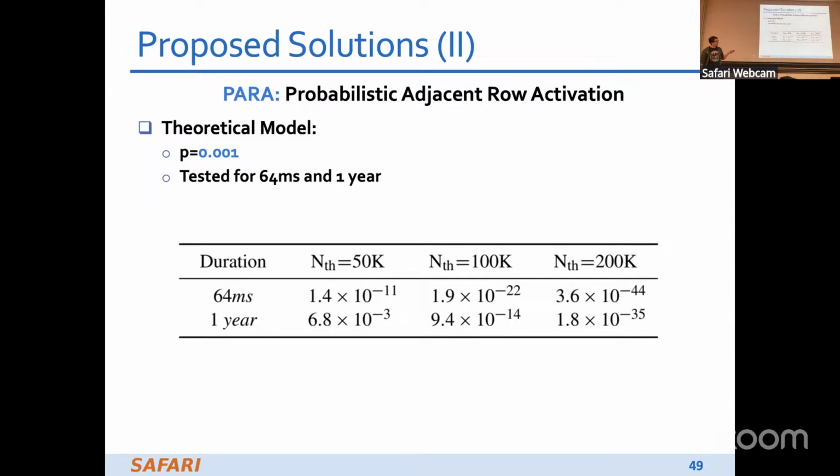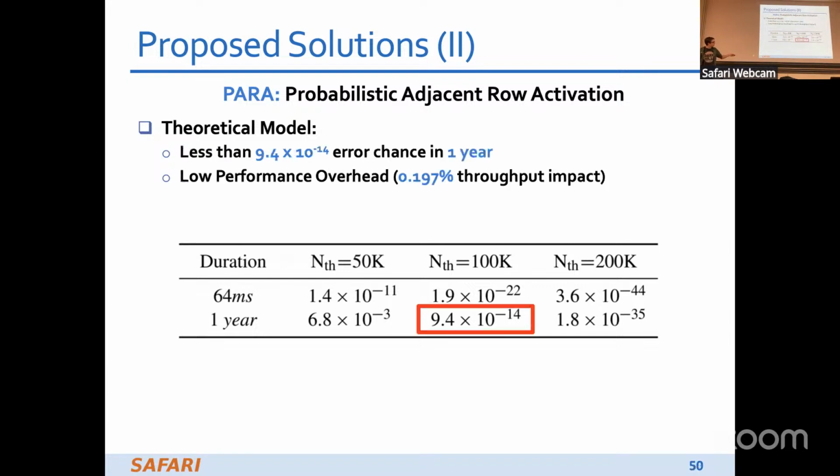Now, for their research previously in the tables, the number of activations they had to have was 138,000 or upwards. So the middle column here is the starting to be representative, because at 50,000 activations, there's not really a lot of errors appearing. And even over 1 year, as you can see here highlighted, they had less than a 9.4 times 10 to the negative 14 chance of an error appearing.